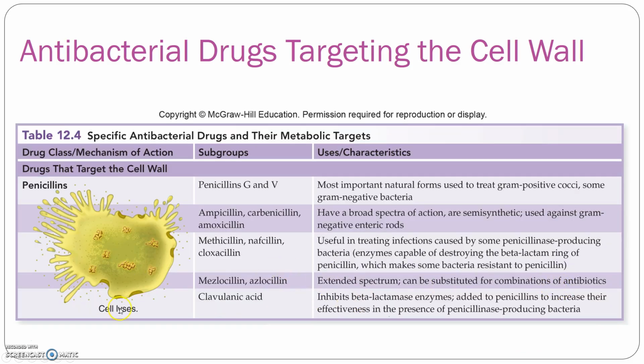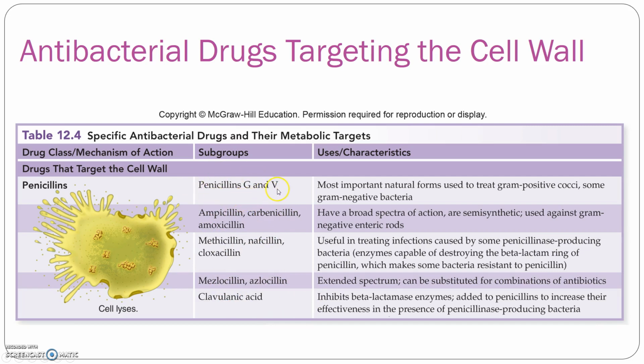All right, so again, the way penicillins work is they target the cell wall. Because of that, the bacterial cell that it targets lyses because that cell wall is no longer intact. And so here are some of the subclasses, subgroups of the penicillins.